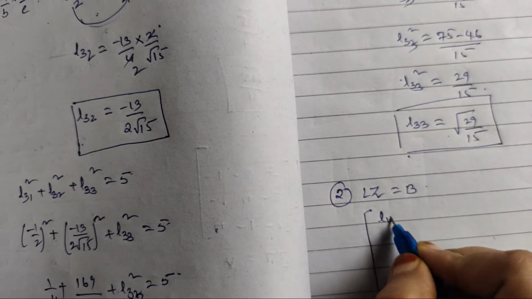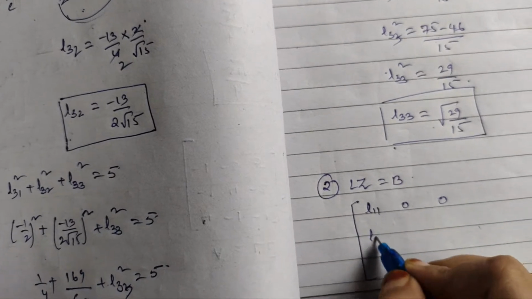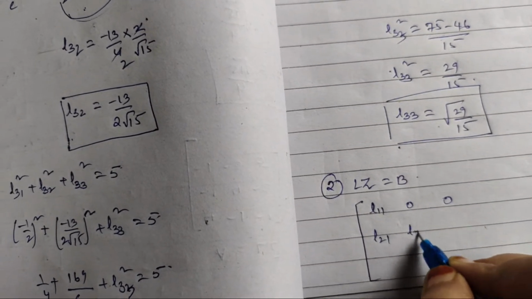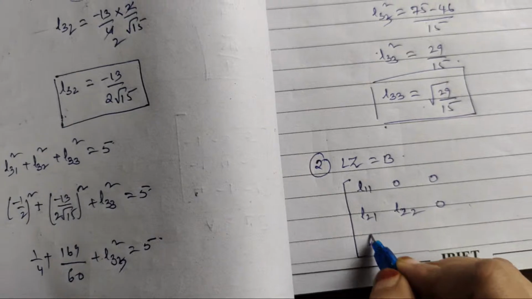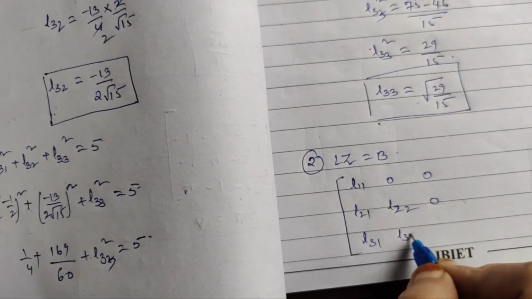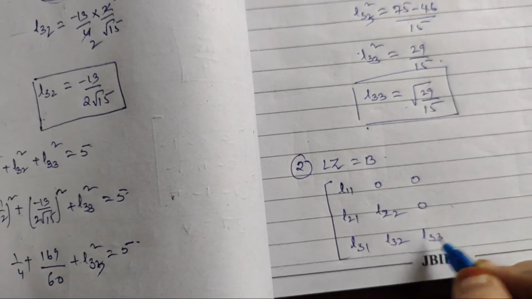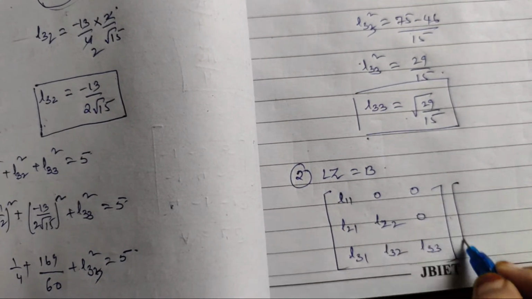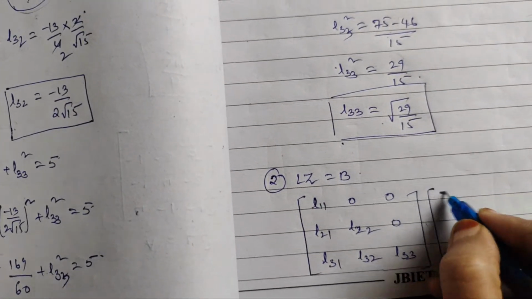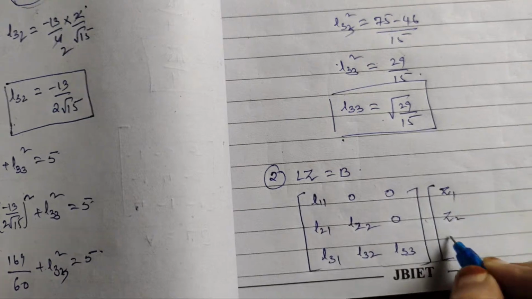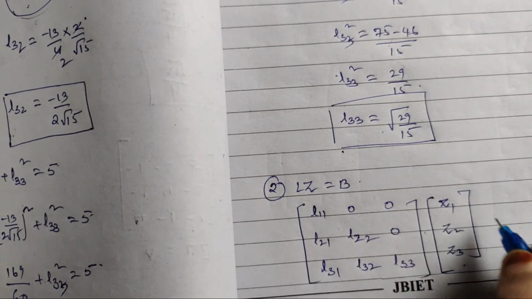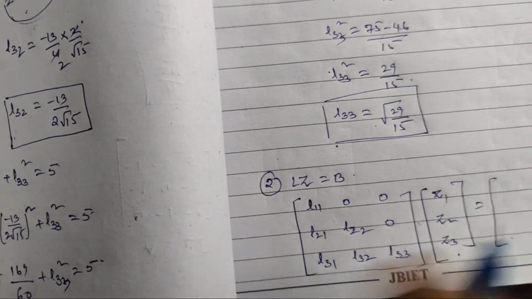Lower triangular: L11 0 0, L21 L22 0, then L31 L32 L33, into your Z, where Z is going to be Z1 Z2 Z3, which is equal to your B matrix.